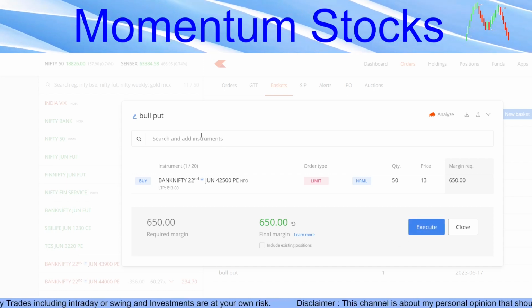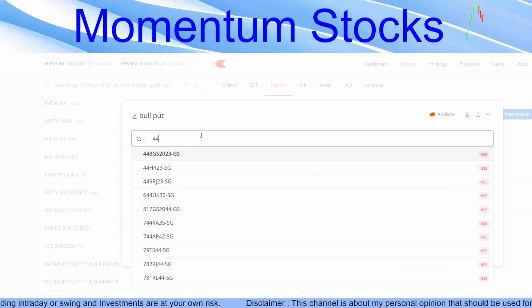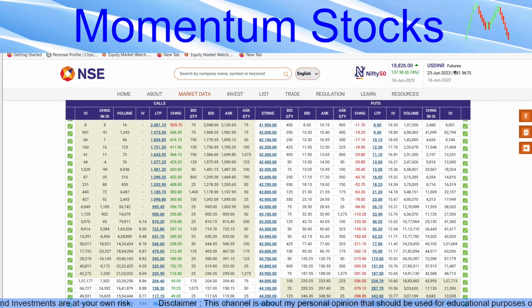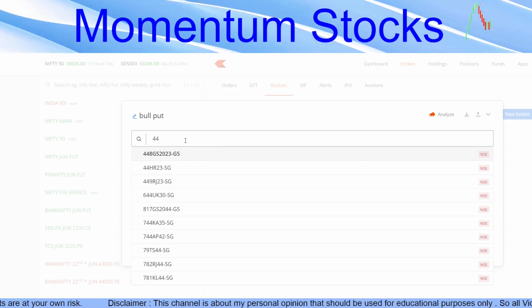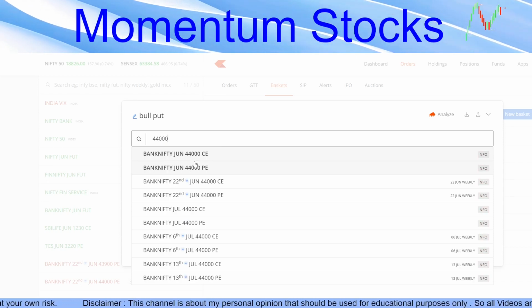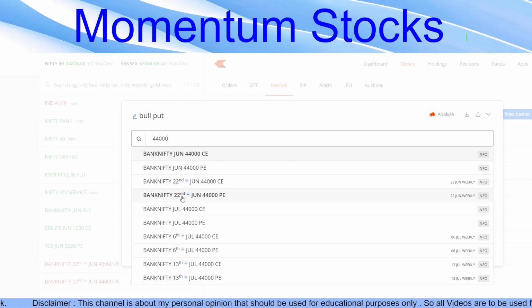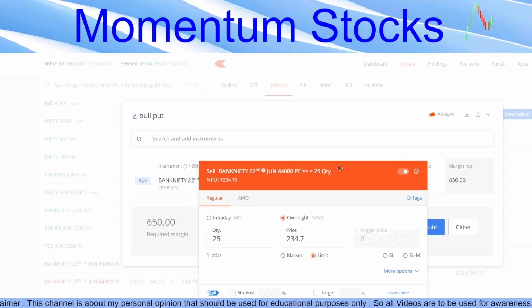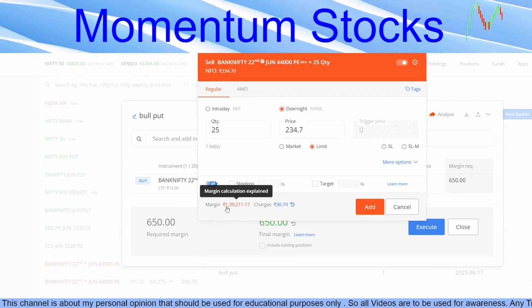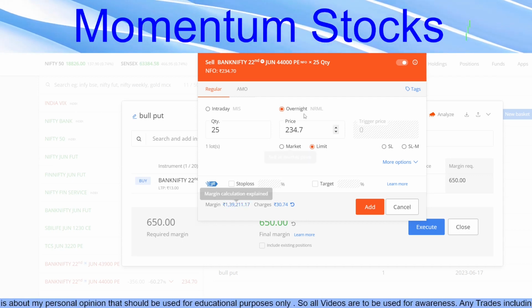At the same time, I am also going to sell. Okay, note it, sell 44,000. I am going to sell a 44,000 put option, which is of the same expiry, 22nd of June. Okay, and I'm going to sell it. So it's asking me a margin of 1,39,000 here, just like previously.